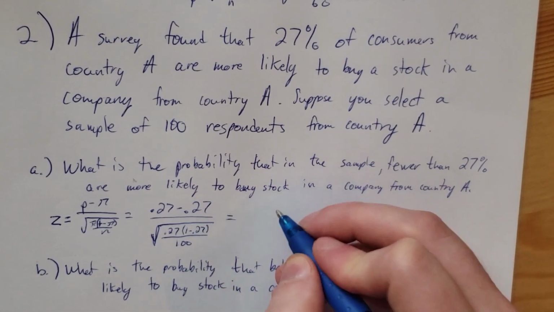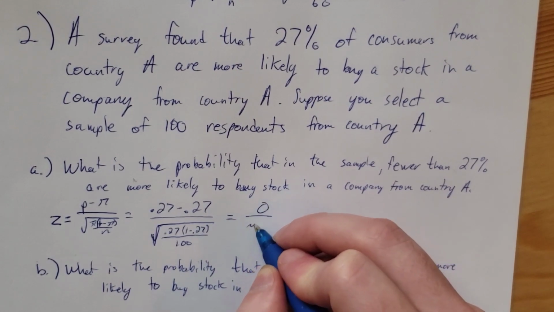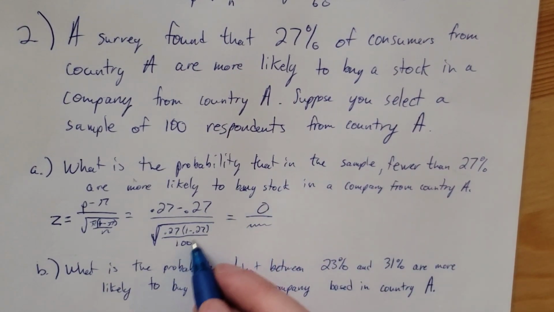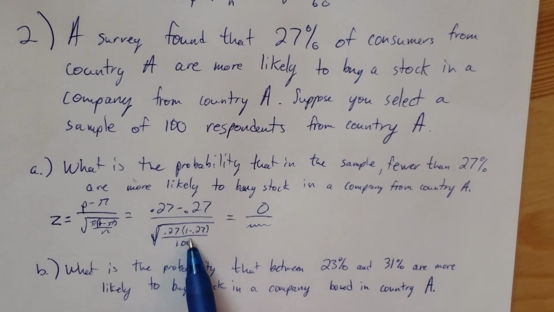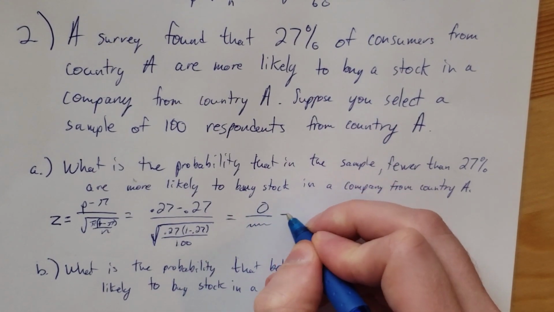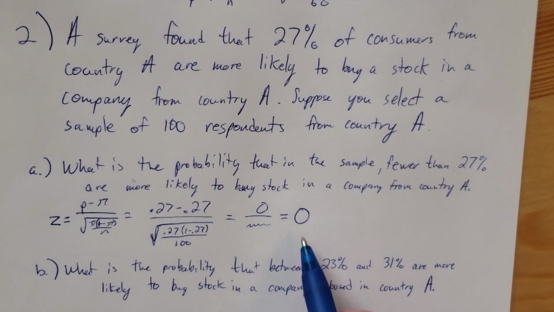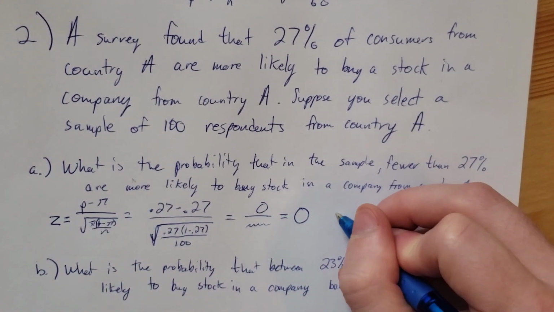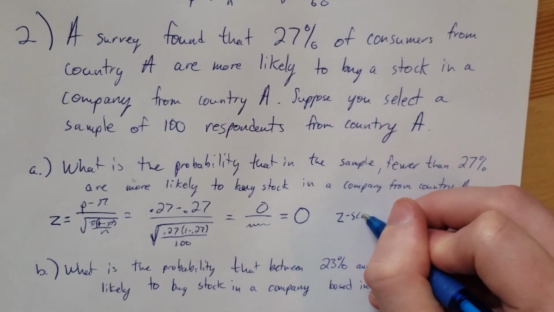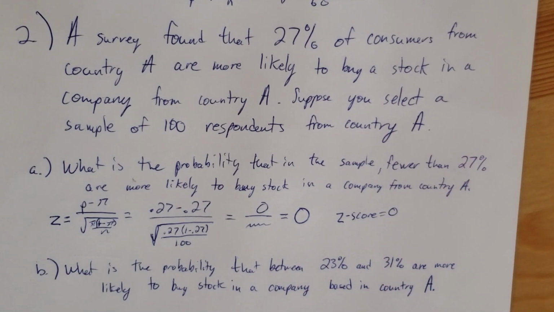Well, what is this equal to? This is equal to 0 over blah. It doesn't matter what this is. That's non-zero. 0.27 times 0.73 divided by 100, then the square root of that is non-zero. So we get 0 over something that's not 0, so this whole thing is 0, which tells us we have a z-score of 0. What does a z-score equal to 0 imply?